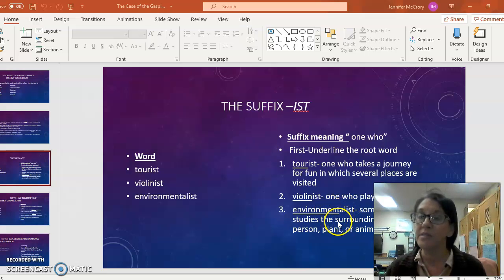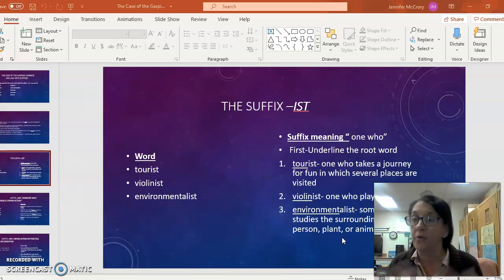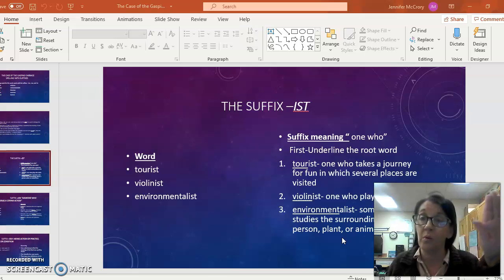Now, environmentalist. I can see my root word here is environment. I was double checking to make sure I'm teaching you correctly, so I had to use my dictionary to make sure I was putting together the correct definition, because sometimes you and I both know we've been looking up a word and had the question of, hey, Miss McCory, what definition do I use?